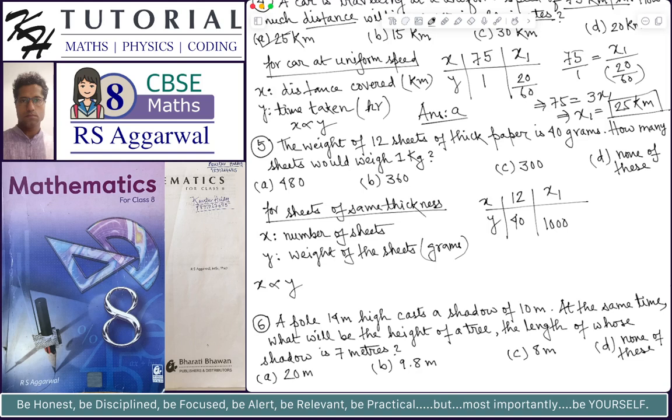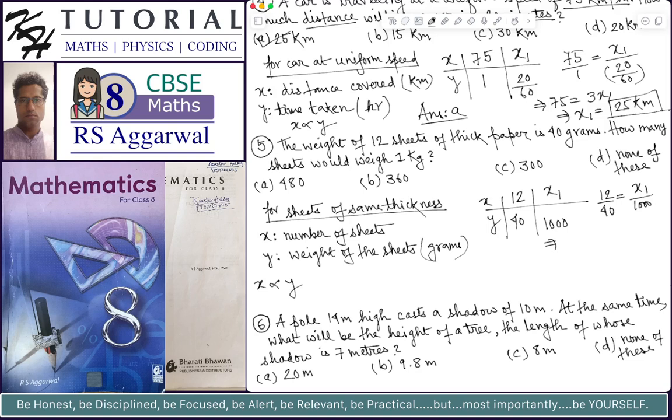Now using the concept that x and y are varying directly with each other, we can say 12 by 40. My machine is running slow. I can't write it properly. Anyway, 12 by 40 is equal to x1 by 1000.